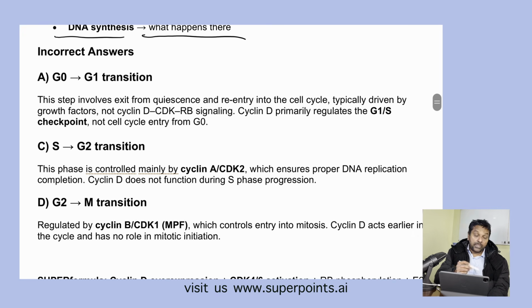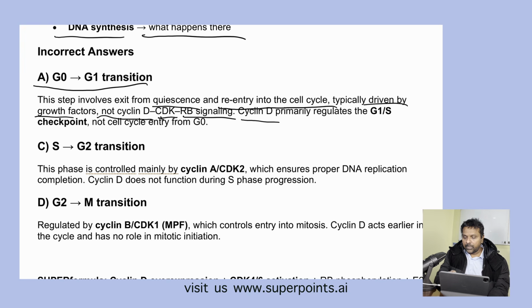And what about the incorrect answers? Incorrect answers are here: G0 to G1 transition. This step involves exit from quiescence and re-entry into the cell cycle, typically driven by growth factors, not cyclin D and CDK-RB signaling.